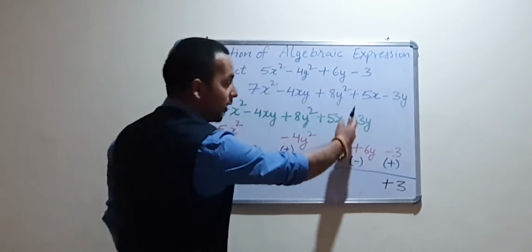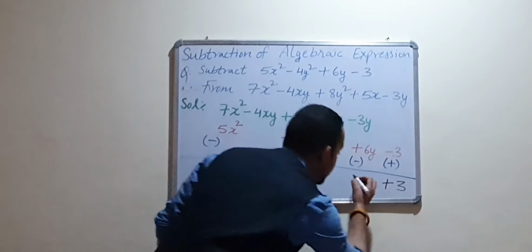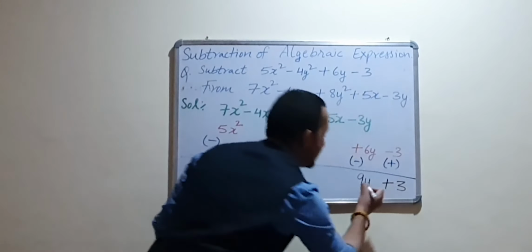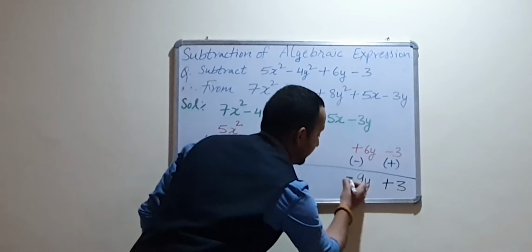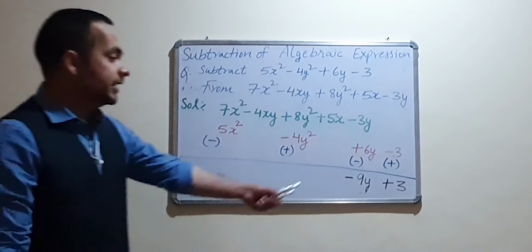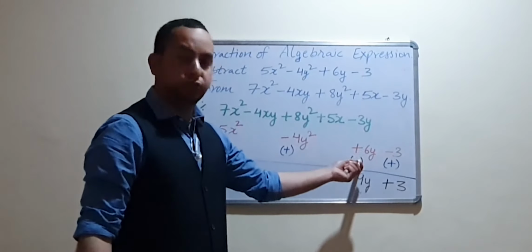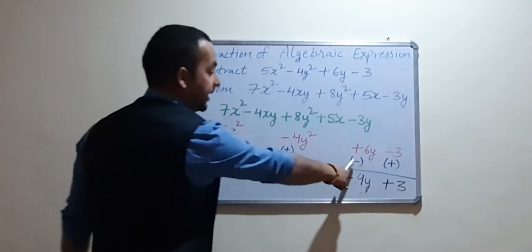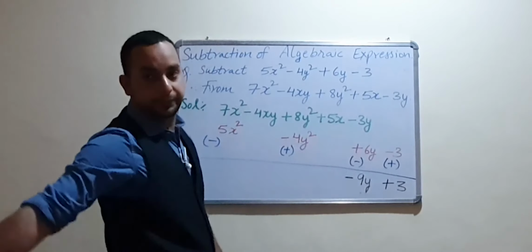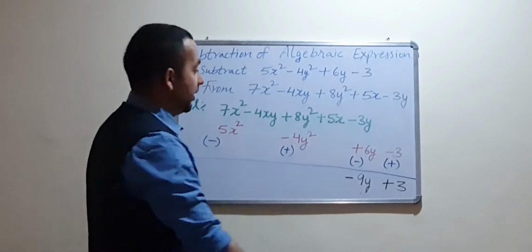So negative 6y and negative 3y is 9y, but the sign is negative 9y. Why? Because 6 is the greater number and in front of 6 we change 6 into a negative number. So negative 6y and negative 3y will become negative 9y.